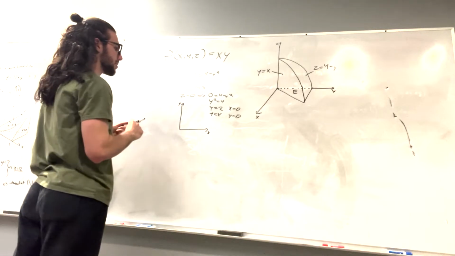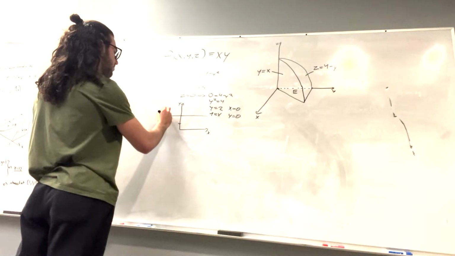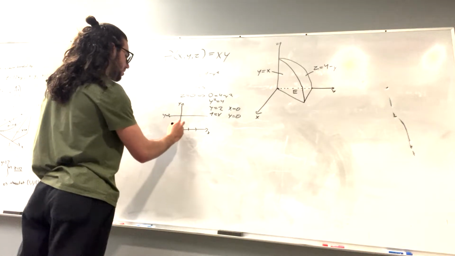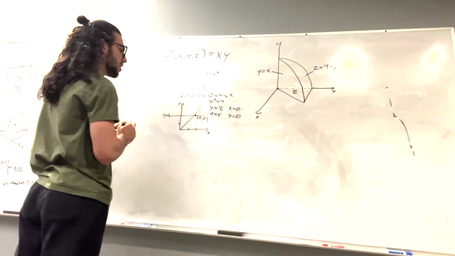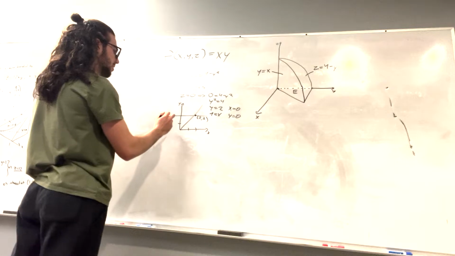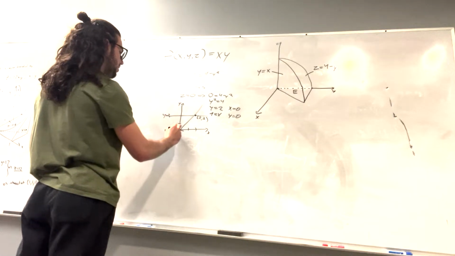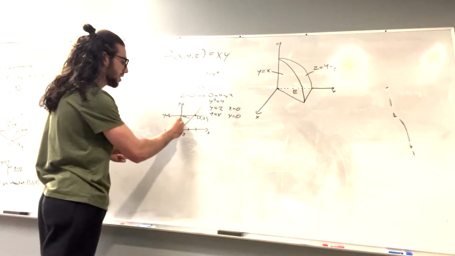So y is equal to 2. y is equal to x. This point will be (2, 2). y is equal to 0, that's just this. And x is equal to 0. So we have our area bounded right here.